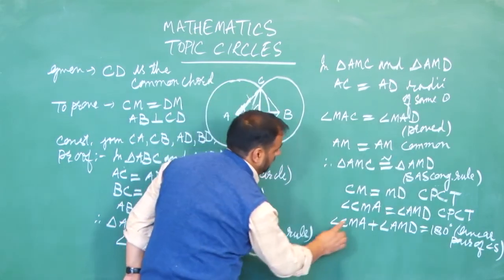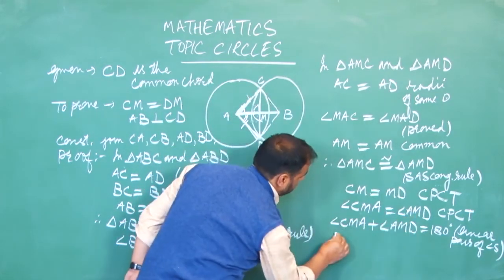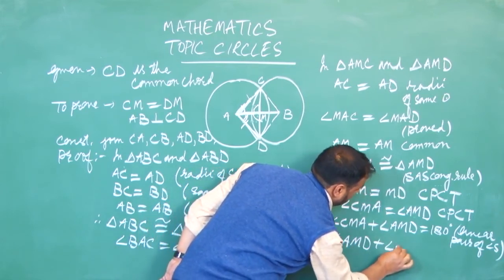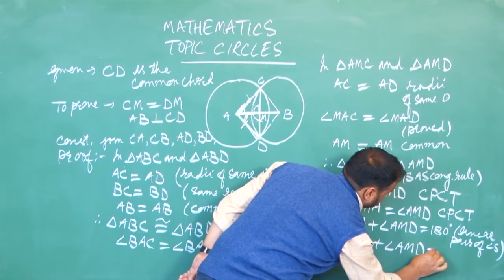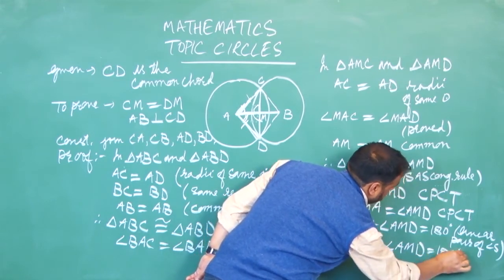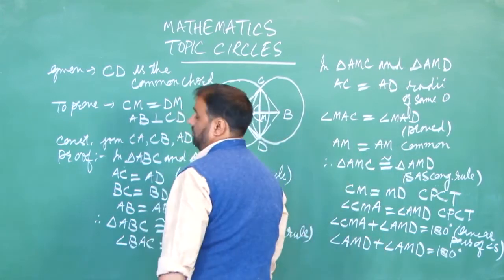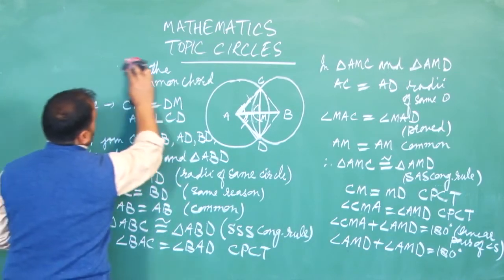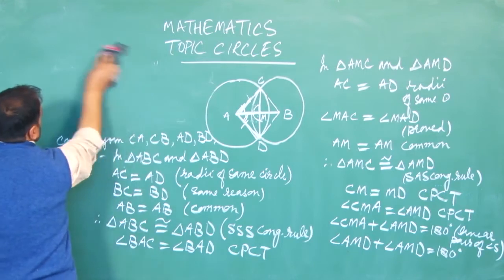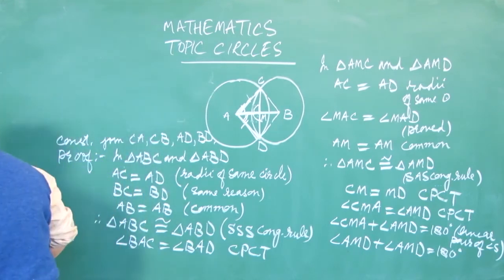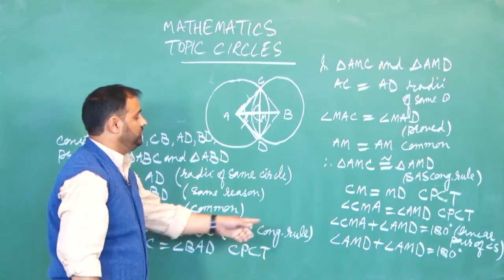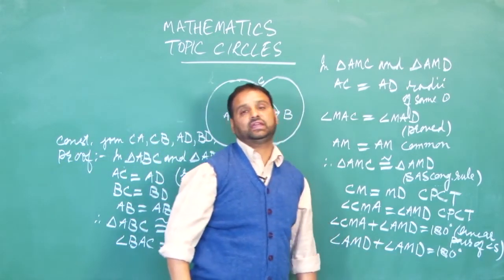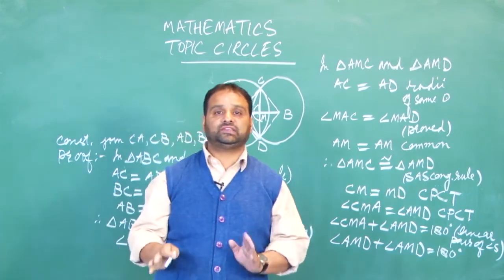Now, angle CMA is equal to angle AMD. So, instead of CMA, write AMD plus AMD, that is equal to 180 degrees. Now, continuing with this, the sum of two same angles, angle AMD plus angle AMD, is 2 times angle AMD.